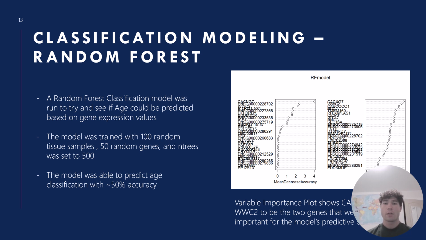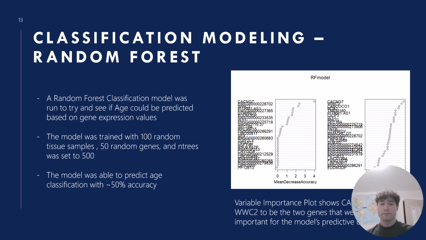And then for the variable importance plot on the right, I wanted to highlight two genes that show up in both mean decrease accuracy and mean decrease Gini, I think is the other one. Both show CACNG7 and then WWC2.